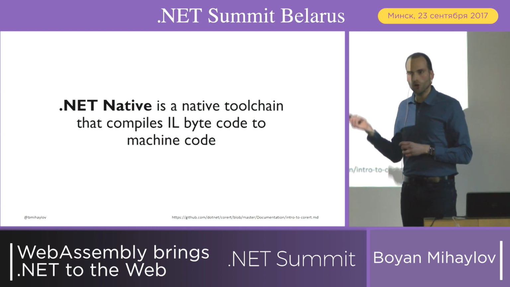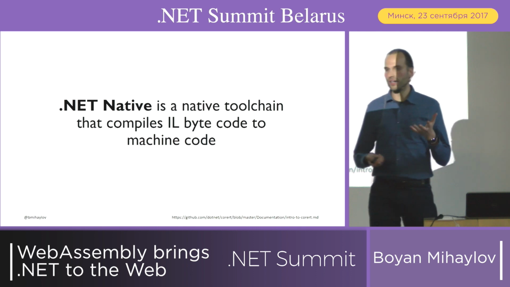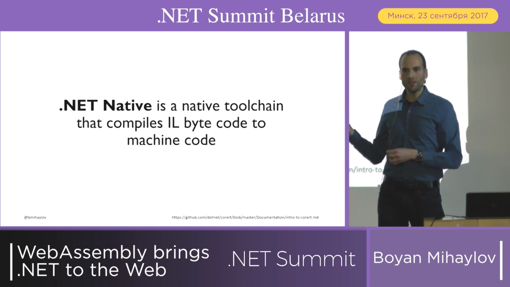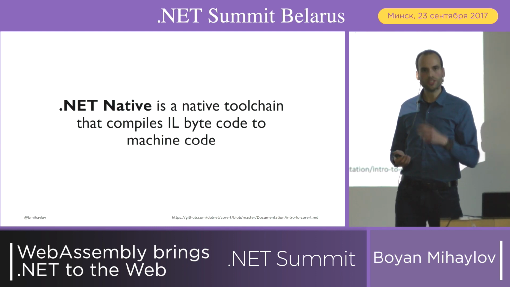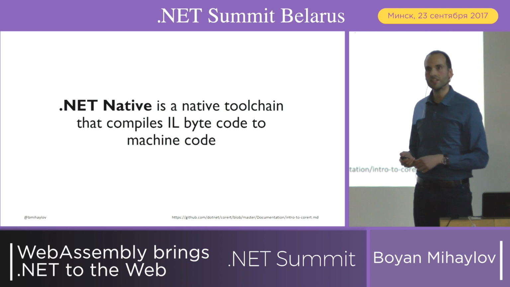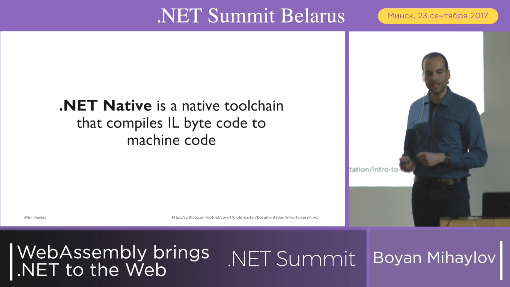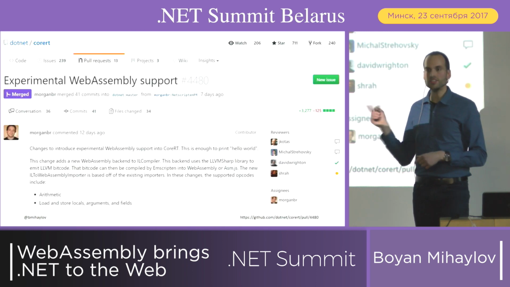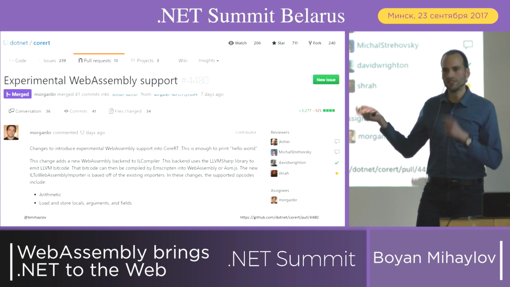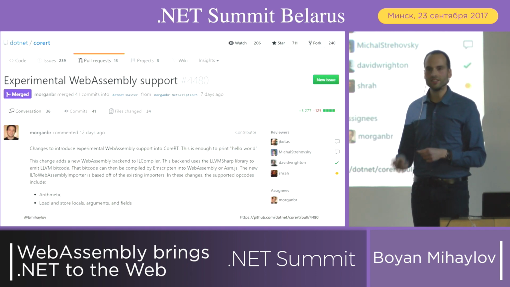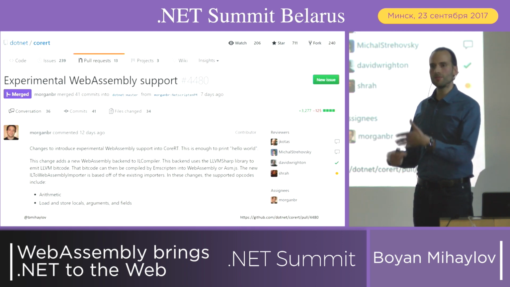And .NET Core has a project called CoreRT, which tries to implement this using the existing features that the .NET Core project has, like all the tools and libraries they have built for that. And the cool thing is that just a couple of days ago, a pull request was merged into CoreRT which allows us exactly to put WebAssembly as a target.